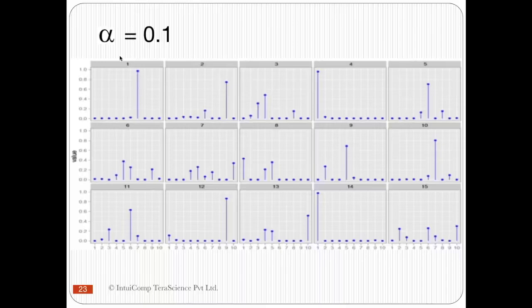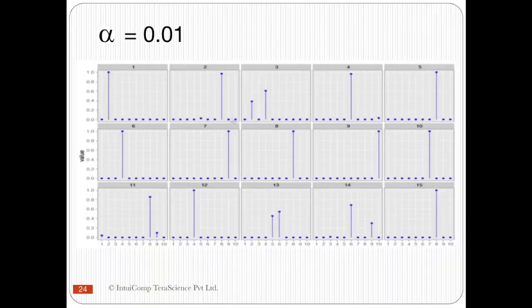It is choosing a probability distribution in which all of the other items are zero but this one is huge, so this is completely wrong. And if I choose it to be further down the line, it goes haywire. So all of these things are really important while designing an LDA algorithm.